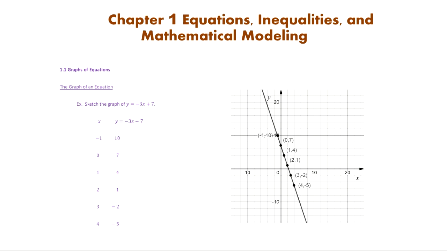All right. So in here I chose 6 values for x, and for each of those values for x, I just plug in the x value into the equation and compute the y value. So for example, when x is -1, I plug in -1 for x in the equation.